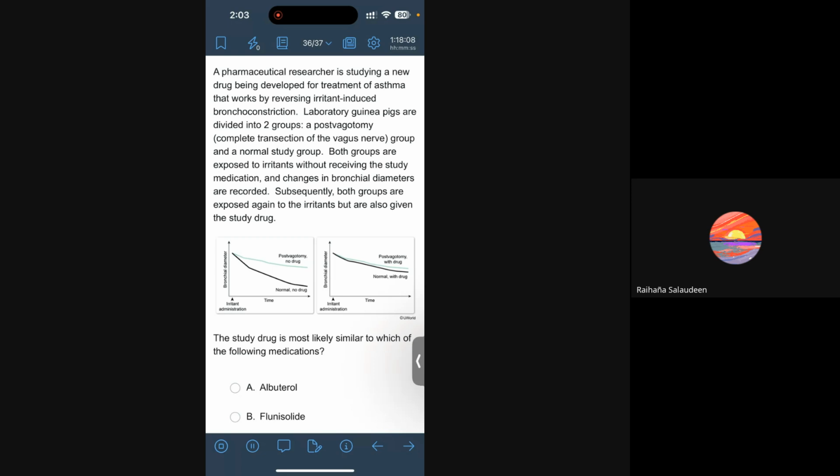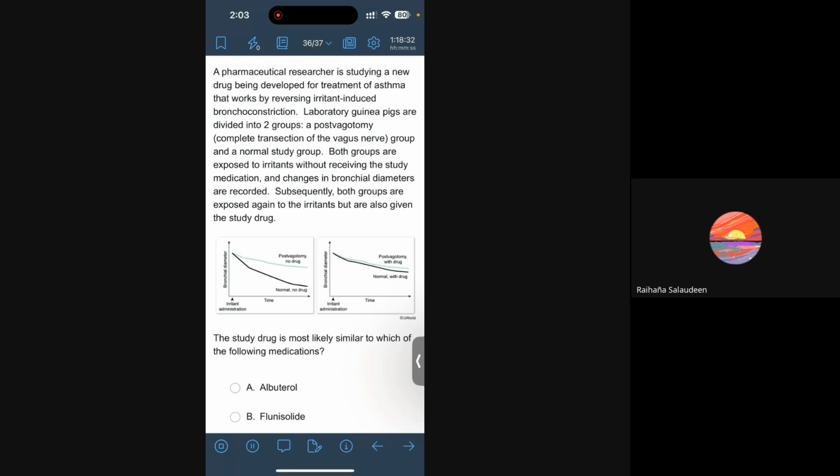You can clearly see that adding the drug will not have any effect on the bronchodilation when you have cut off the vagus nerve, because the drug is acting through the parasympathetic nervous system. It is blocking the parasympathetic nervous system, causing bronchodilation.